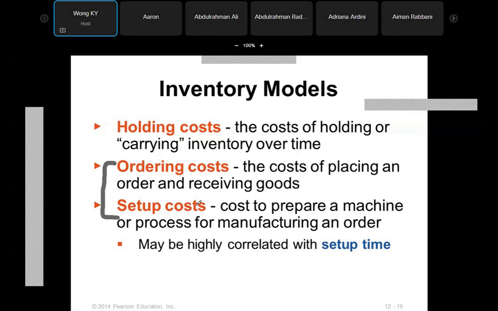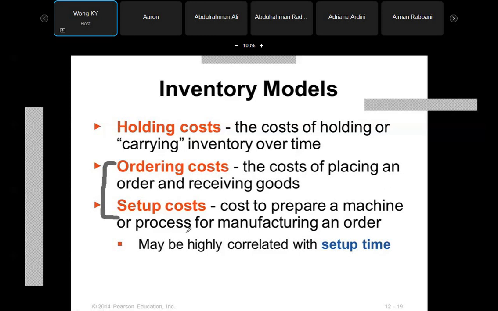If the company is not buying the raw material, if the company is making the raw material themselves in-house, then no ordering cost will be involved. So only setup cost will be involved because the company is making the raw material themselves. They have to set up their machine and process to make the raw material. And after that, the raw material produced will be delivered to another production department to make the finished product. So if that's the case, setup cost will be relevant to the company.